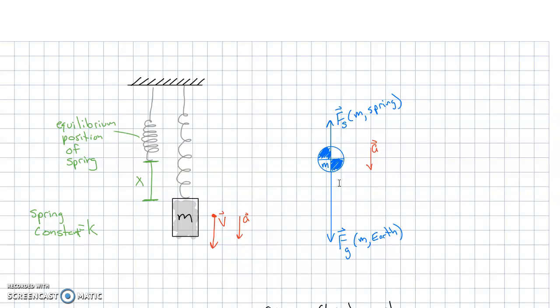So in this case, since we have a downwards acceleration, we know that the gravity force caused by the Earth is going to have to be larger than the spring force caused by the spring in the upwards direction. So these are the only two forces. We can ignore things like air resistance and any other forces that may occur. We're keeping this to the simple case where it's just gravity and the spring force.